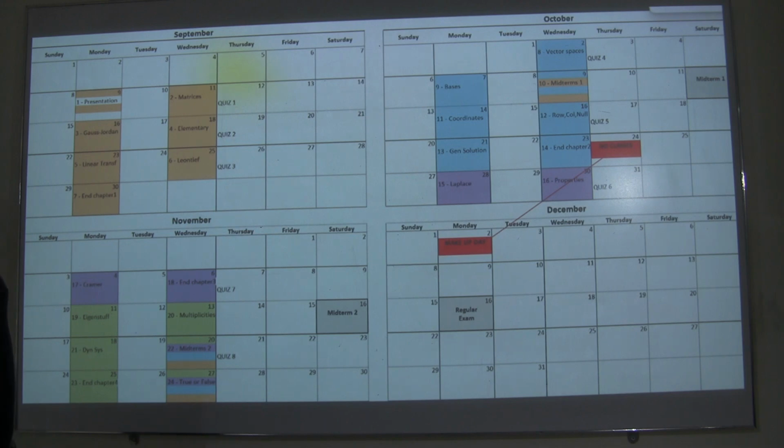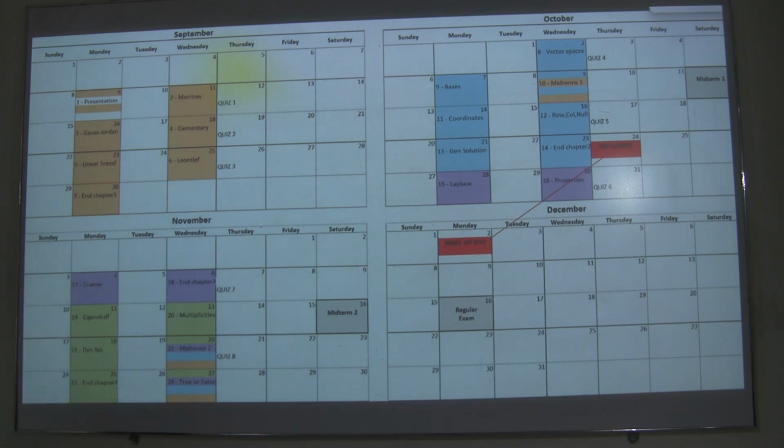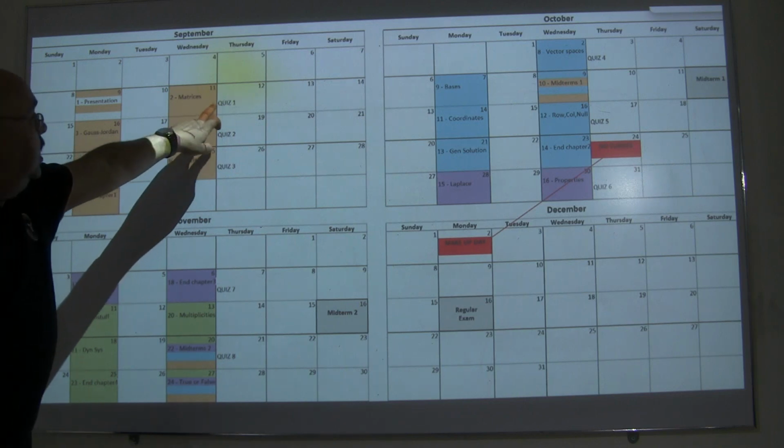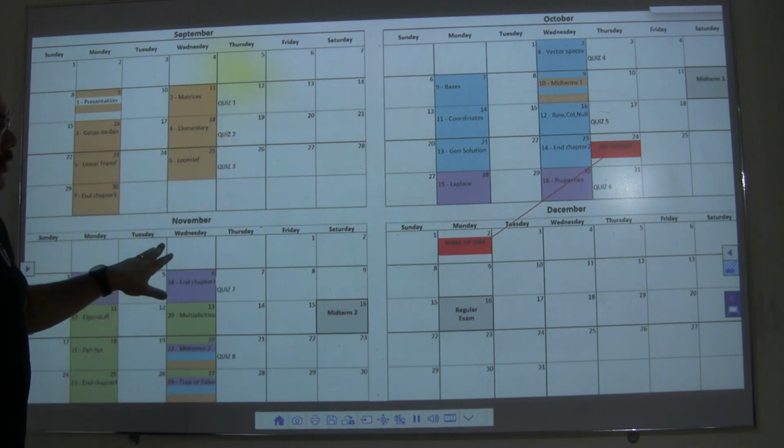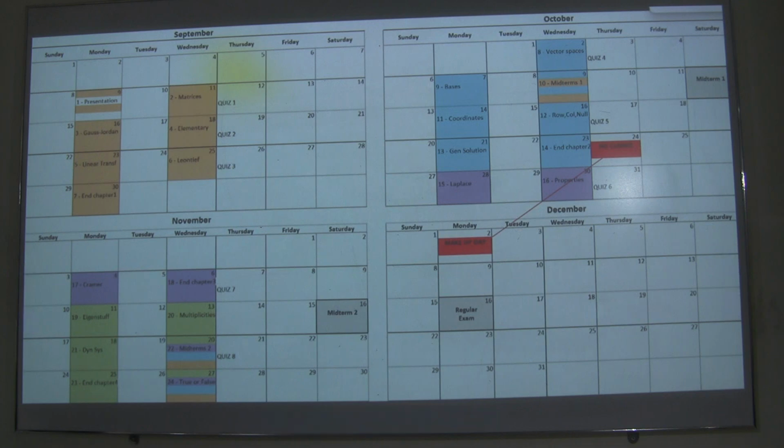This is supposed to be the calendar for September. If you'd like to take a photo of this, it's nice. As you can see, on Wednesday, this is quiz 1. As I told you, through our course we will have 8 quizzes. The highest 6 of them will be counted, and they carry 5%.